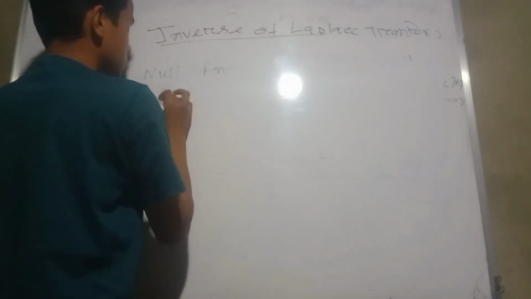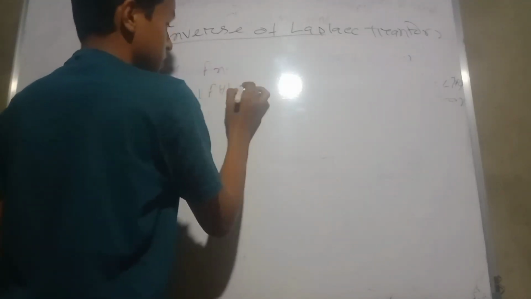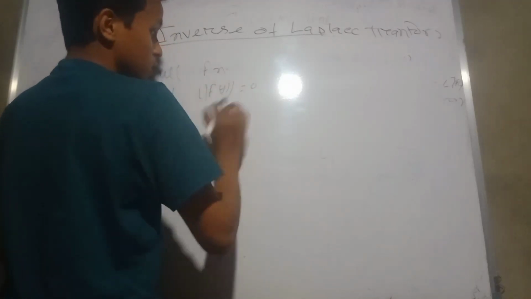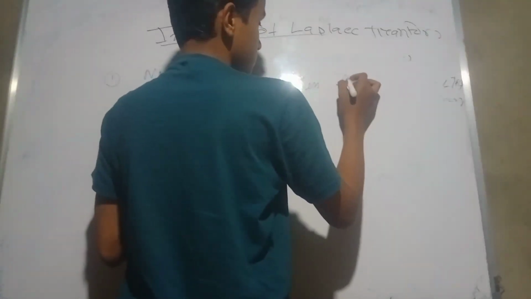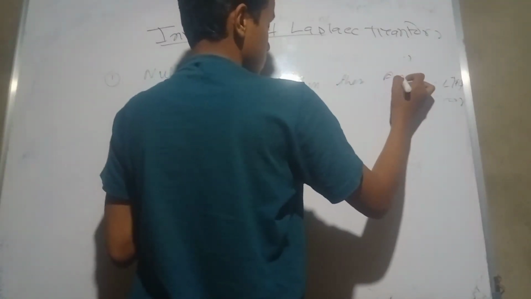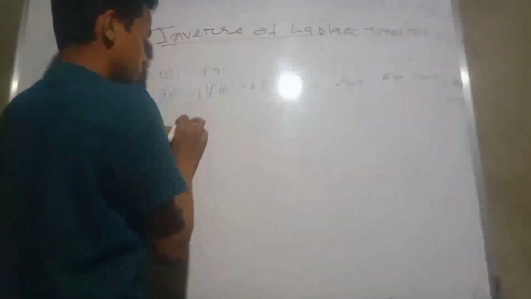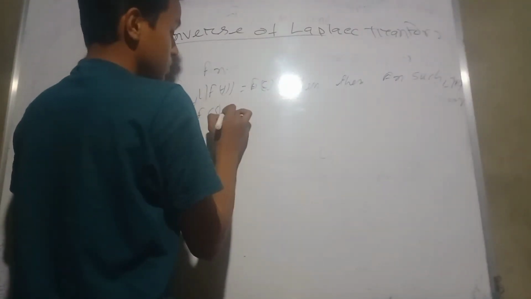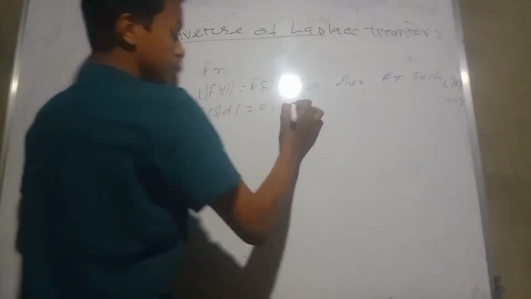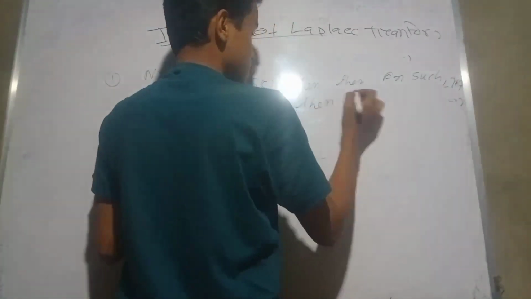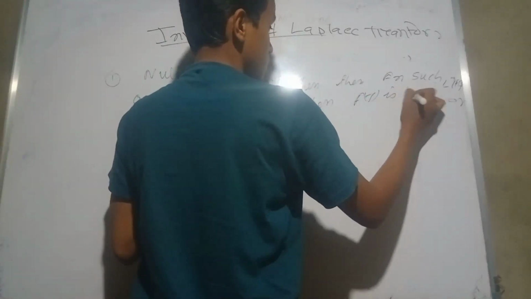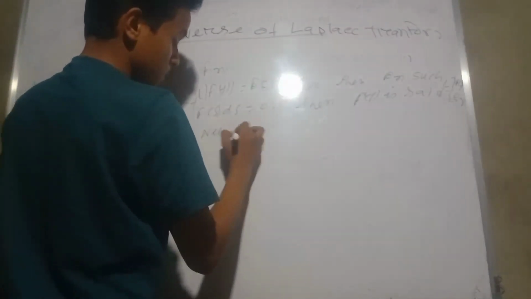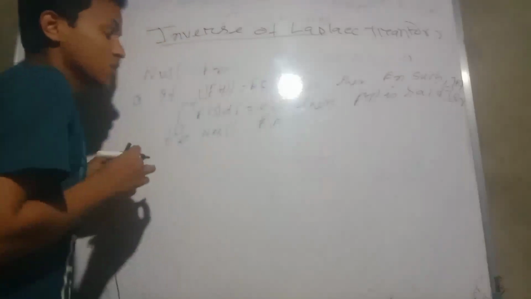If the Laplace transform of f(t) equals F(s), then there exists a function such that the integration from 0 to t of f(s) ds equals 0, then f(t) is said to be a null function. Okay, that is the null function.